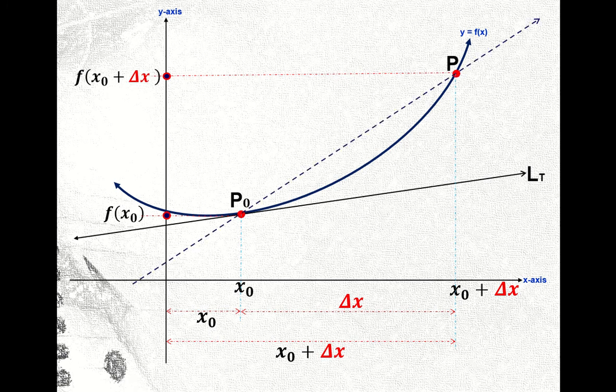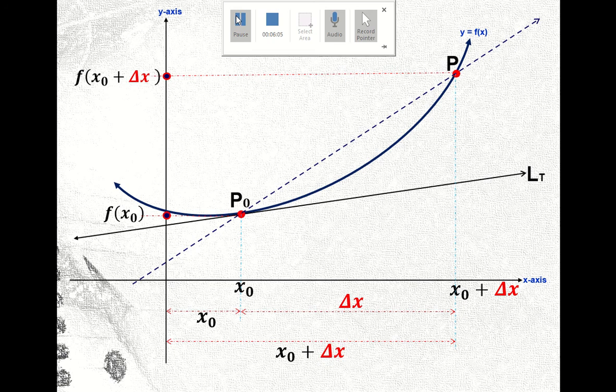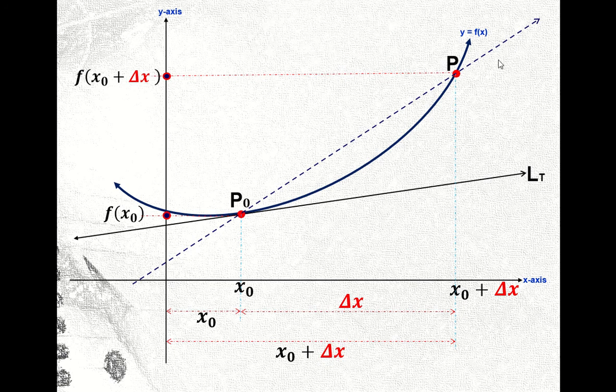Now let this line be our secant line. When we speak of a secant line, class, that's a line that will intersect the graph at two points. Okay, so the secant line intersecting this point here and this point.